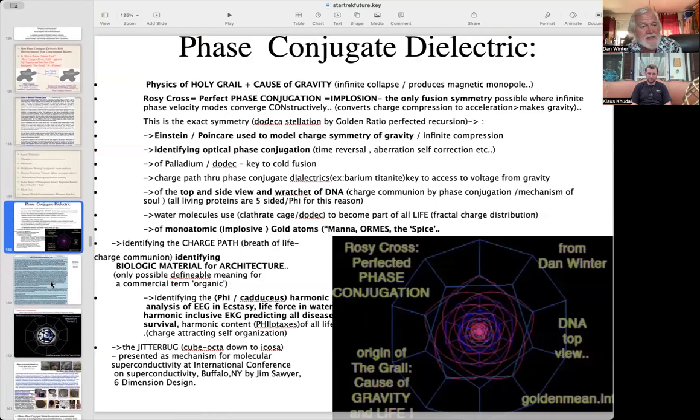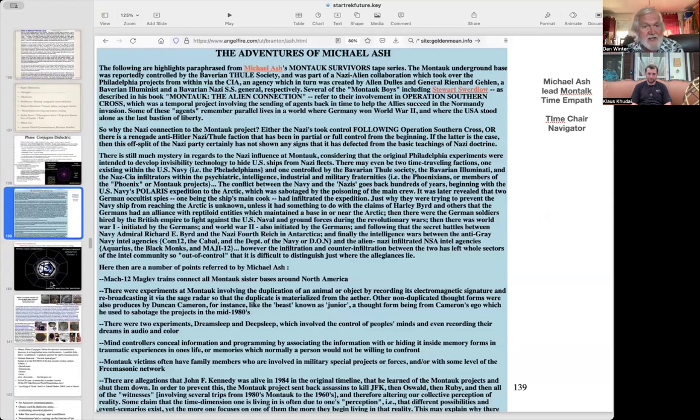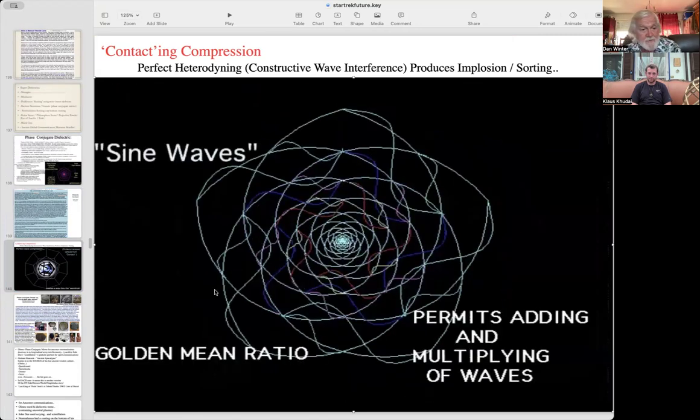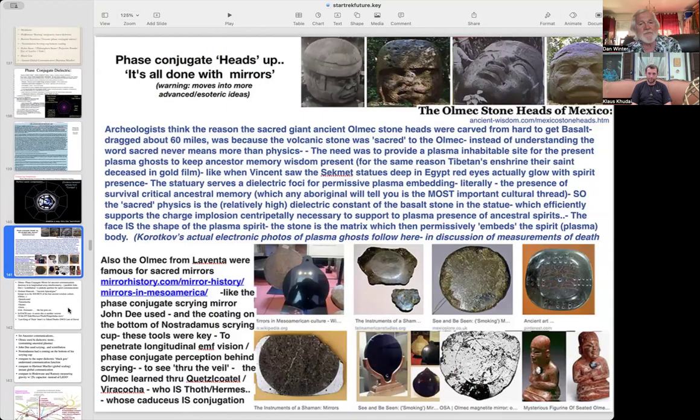And again, you can see this slideshow at fractalfield.com/slideshow. And there's a section here about Michael Ash, we've talked about, who was the time chair empath at Montauk, and how that implosion enabled them to time travel and time reverse. And so this is about that phase conjugate coating on the back of the obsidian mirror of the Olmec, enabling them to make ancestor phone calls.